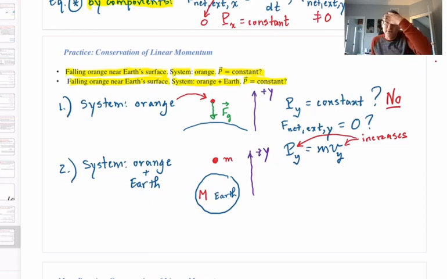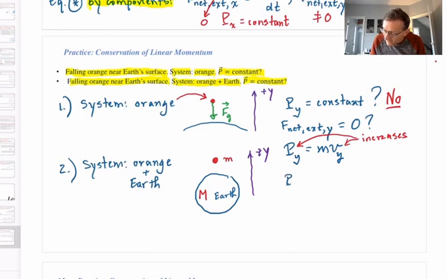People don't like that at first, but that's what the third law says. But it doesn't matter. Those gravitational forces, they're internal. The condition for conservation of linear momentum is that there can't be any net external force, right? I don't care about internal forces. Internal forces can't change a system's linear momentum.